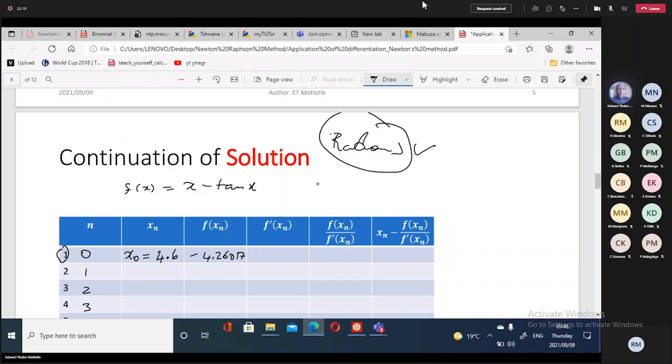Now you differentiate this. f prime of x is equal to 1 minus sec squared x. Now you substitute 4.6 into that one. If you're using the calculator, you can write it as 1 over cos squared x.